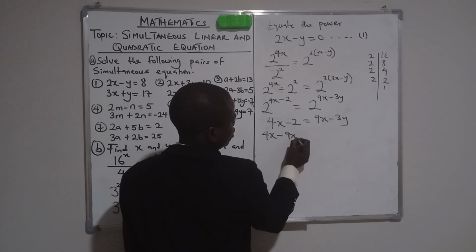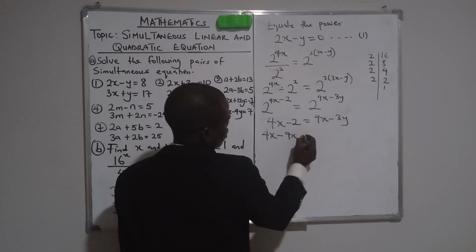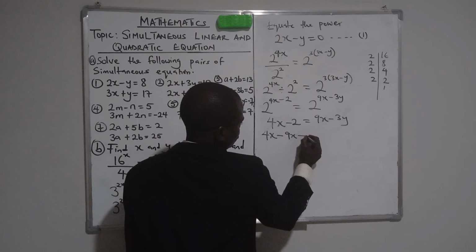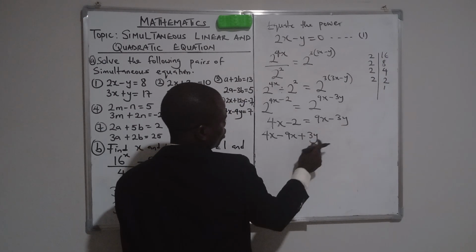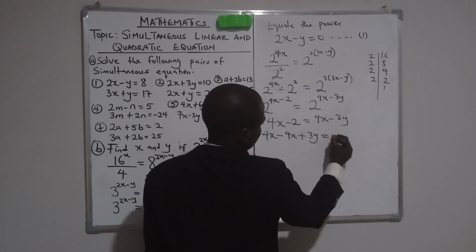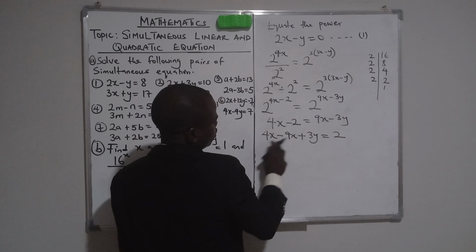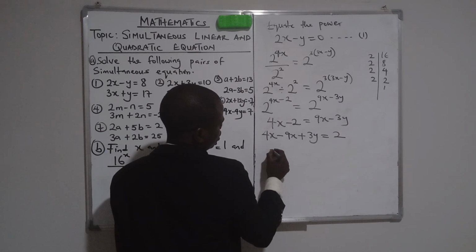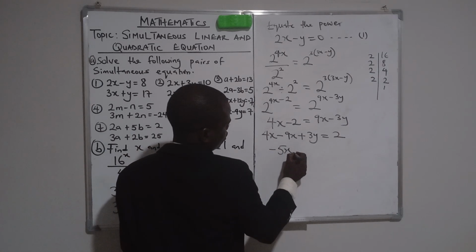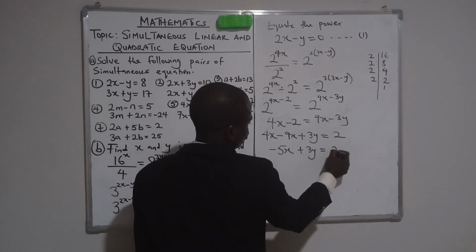Is that okay? The 9x comes across, it turns to minus 9x, and when minus 3y crosses the equal sign, it turns to plus 3y, equals minus 2. We move the minus 2 to the other side, and it turns to 2. 4x minus 9x is minus 5x plus 3y equals 2.